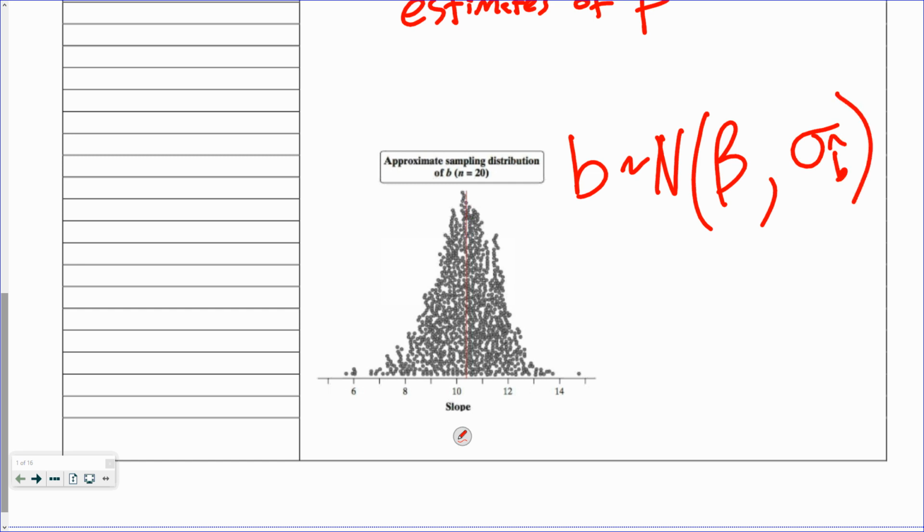It's not important. We are not going to do detailed calculations for the sampling distributions of b like we did for x bar and p hat. But the big idea is that these statistics from our sample, these slopes from our sample, are distributed normally. So we're going to be able to do the same kind of inference, creating confidence intervals and performing significance testing like we had in the past.